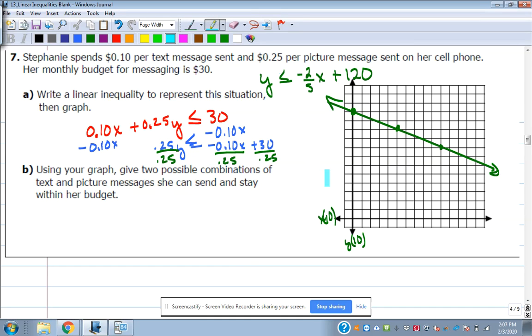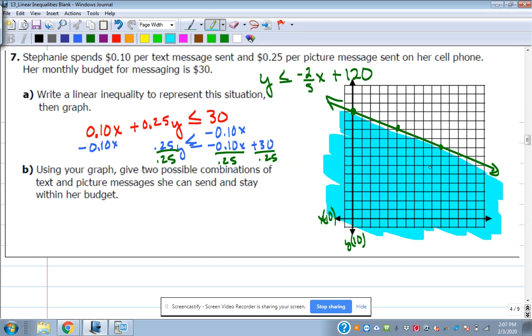Well, if I plug in 0, 0 for X and Y, that's legal to do. That'd be like if I used 0 text messages and 0 picture messages. I was grounded for a month, didn't have my phone, right? Couldn't use it. So that'd be 0 less than 120. That's definitely true. So I'm going to shade below that line.